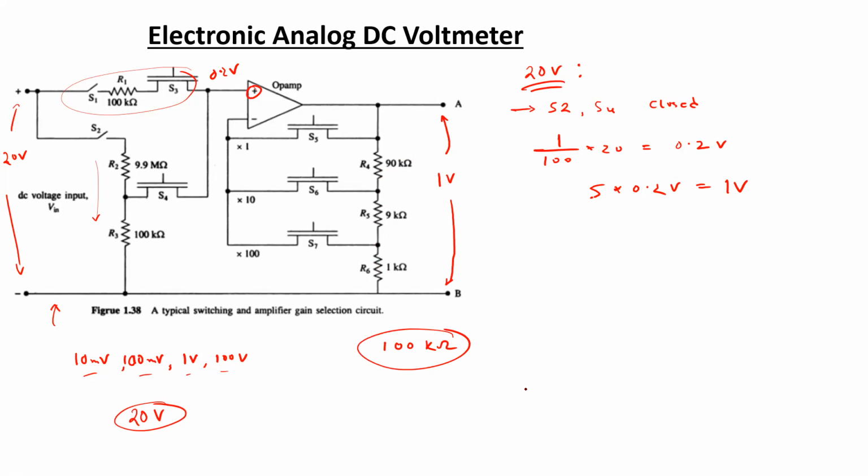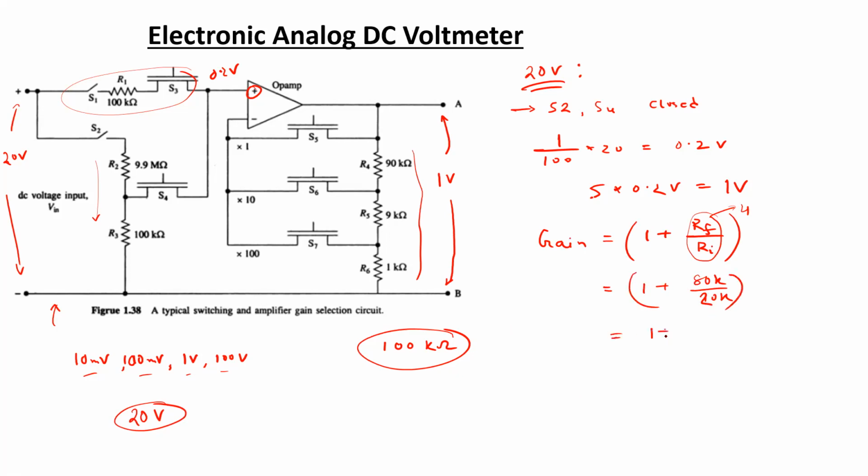For that, let's first consider the formula of gain, that is 1 plus Rf by Ri. How can we distribute this 100 kilo ohm resistance to get a gain of 5? This ratio has to give me 4. So 1 plus 80k divided by 20k would give me 1 plus 4 equals 5.